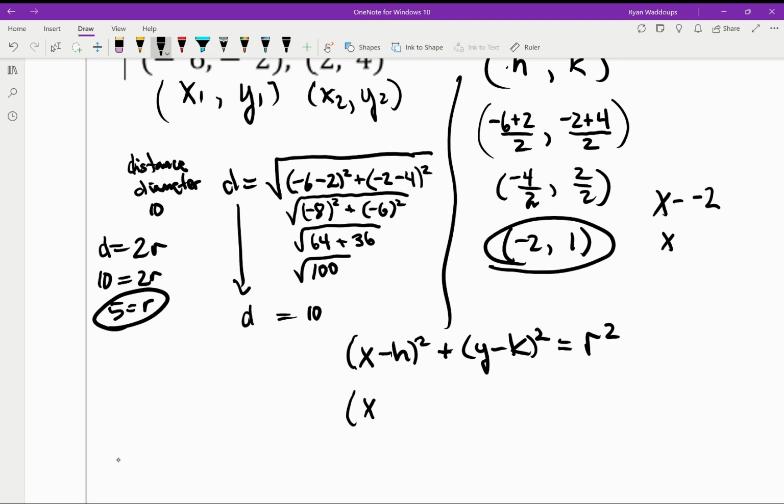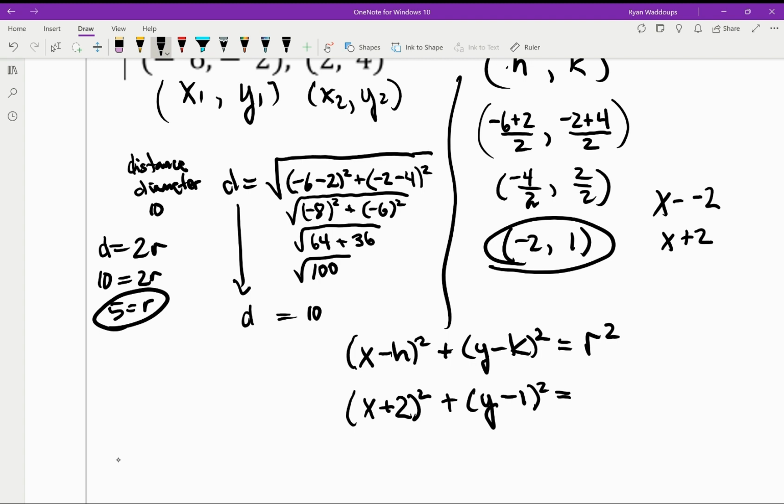Those two negatives combine to give us an x plus 2. And so that's what I'm going to put inside here: x plus 2 squared plus y minus 1 squared, and that's equal to the radius squared.